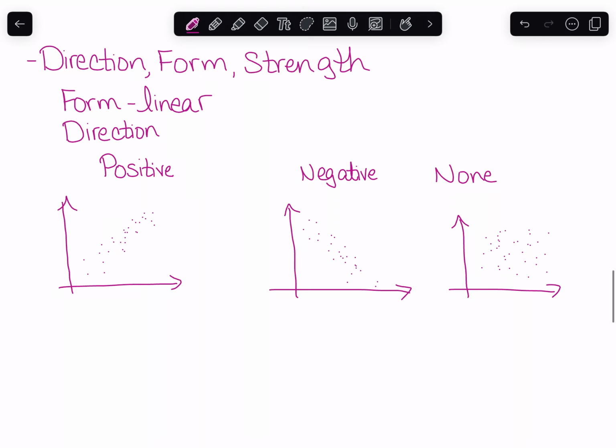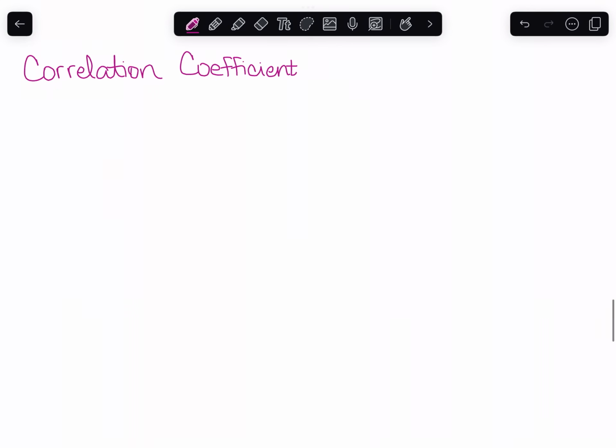The other thing we need to consider is strength. Strength refers to how closely the points resemble a line, but this can be difficult for the human eye to detect. So we have a special thing that helps us with this. This is known as the correlation coefficient. This number determines the strength of our correlation.